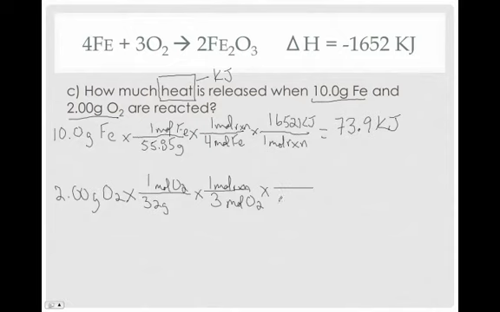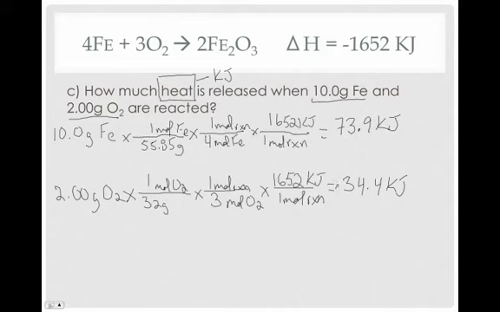And then again we use our delta H, so 1,652 kilojoules in 1 mole of reaction, and that will give us 34.4 kilojoules.